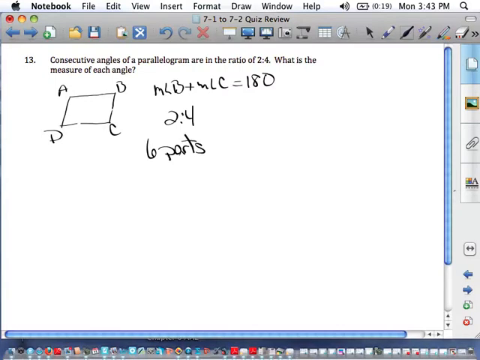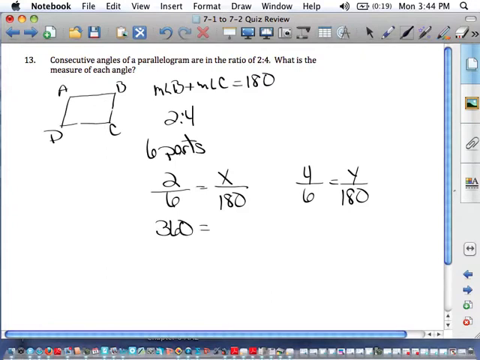If you want to set up a proportion to solve this, you would say the number of parts in B, which is 2, is to the whole 6 as x is to 180. Then for C, 4 is to 6 as y is to 180. You can cross multiply, you get 360 equals 6x. So x equals 60.